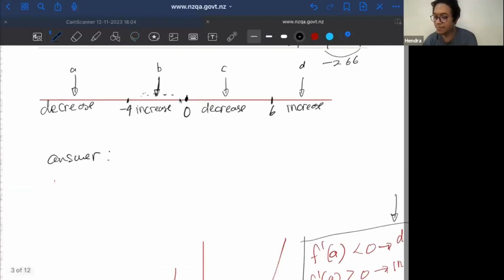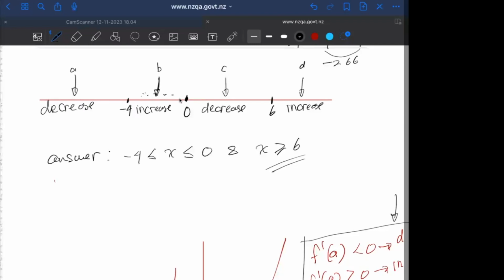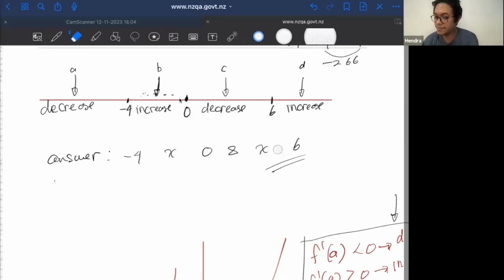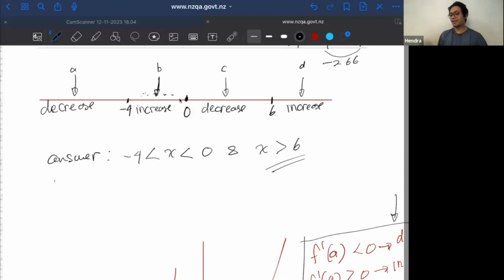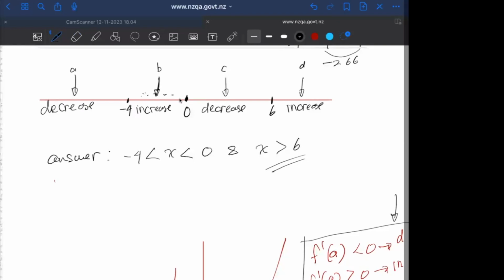So the answer will be -4 < x < 0 and x > 6. Oh no, not equals, just less than. Between -4 and 0, and 6 and above, that's where the function is increasing.